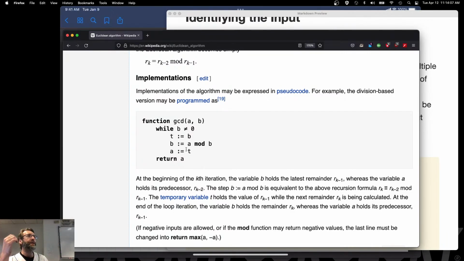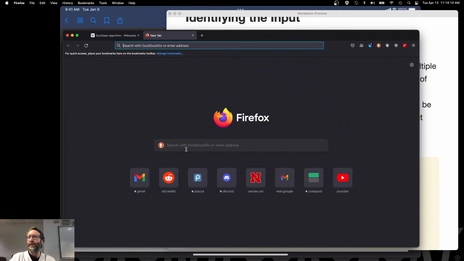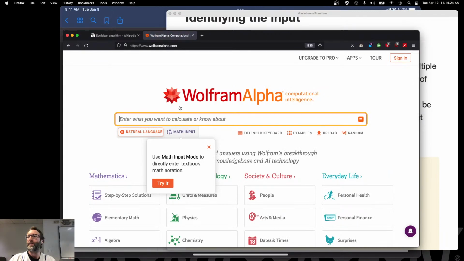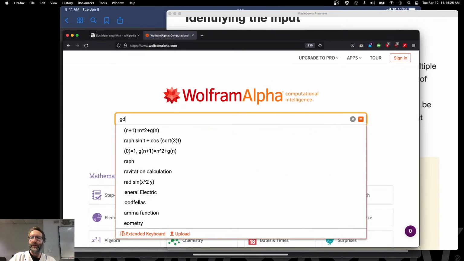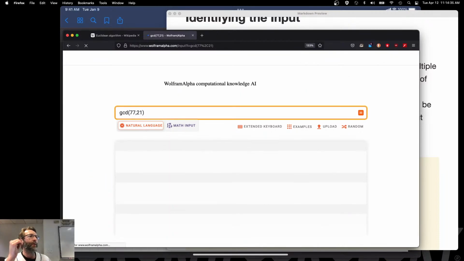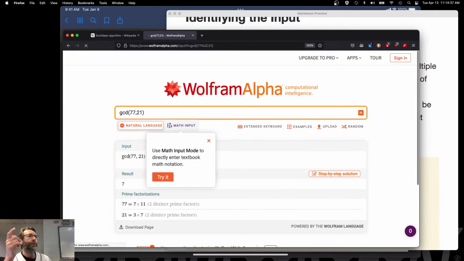If I have 77 and 21, what's the GCD there? Wolfram Alpha: GCD of 77 and 21. Well, 7 divides both of those. I thought of that in my head because I was just making up numbers from primes: 11, 7, 3, and 7.